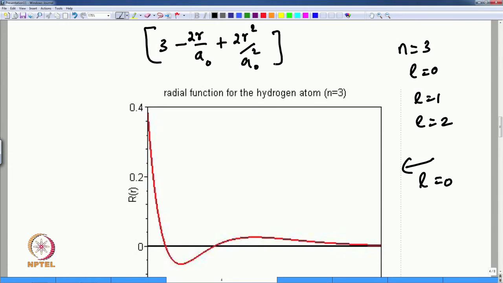This is the quadratic in front of the function multiplied by e to the minus r by 3 a naught, n equal to 3. Okay.